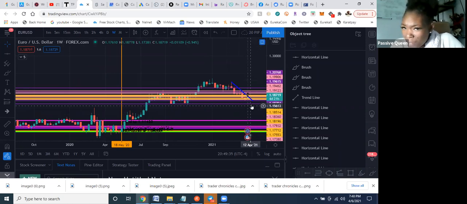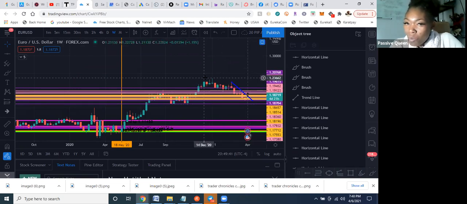Y'all see all those areas we marked on a smaller time frame? How busy they are? But what do you see? One, two, three rejections in this area. So maybe on a monthly, it's a lot of resistance and support in this area. Same thing from the bigger time frame down to the smaller time frame.